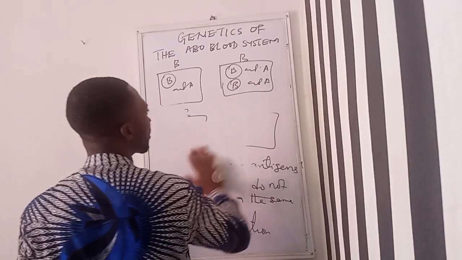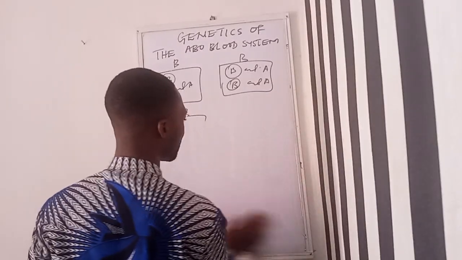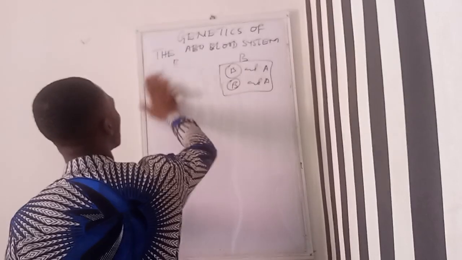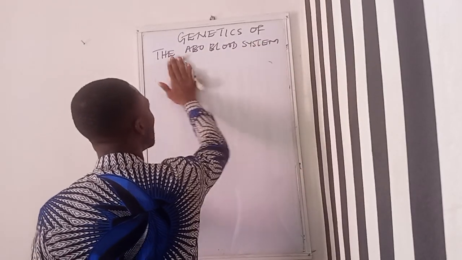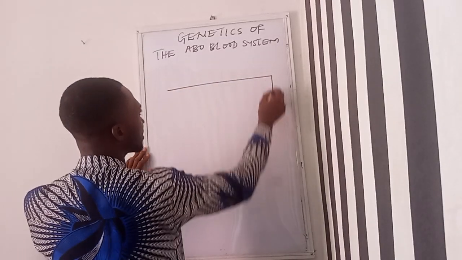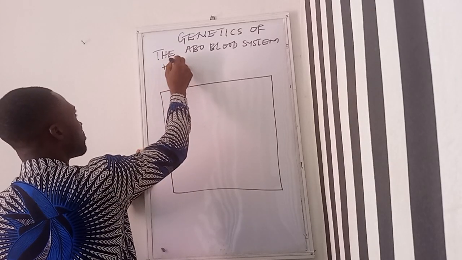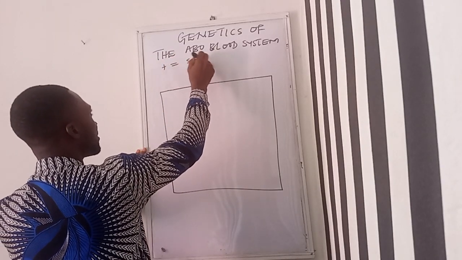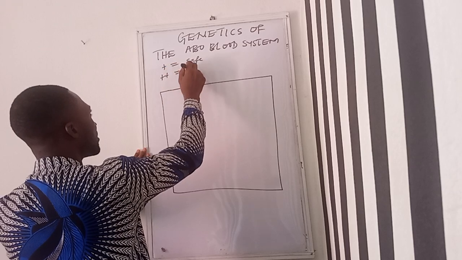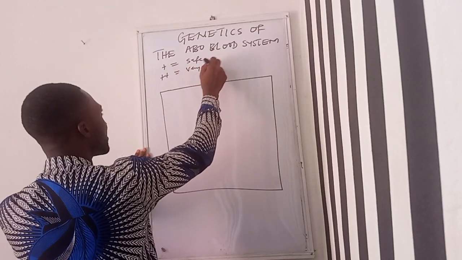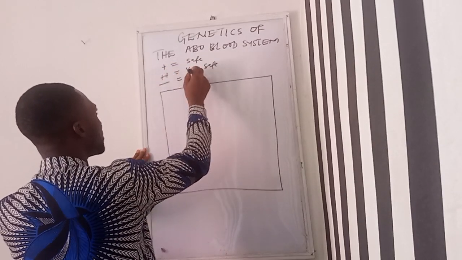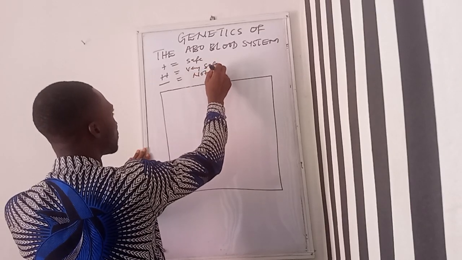But then, so that I involve other blood types, let me use a table to describe how this should be done. So plus means safe, plus plus means very safe, then minus means not allowed.